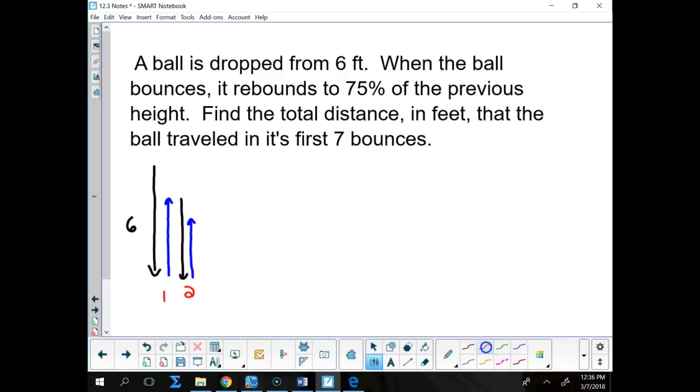Then down, and back up. So that's 3 bounces, that's 4 bounces, that's 5 bounces, right? Down.